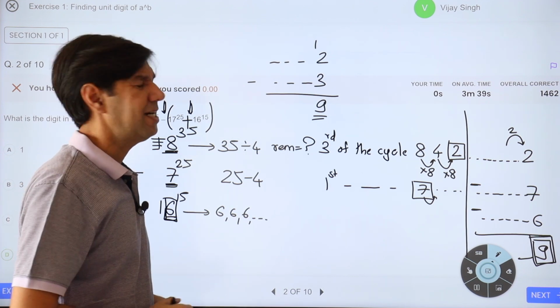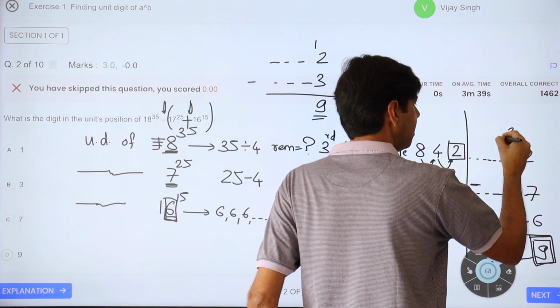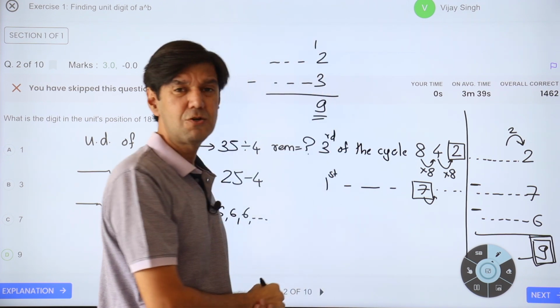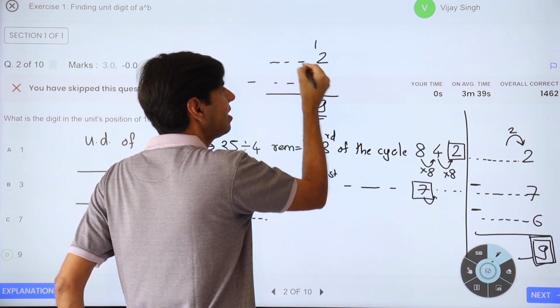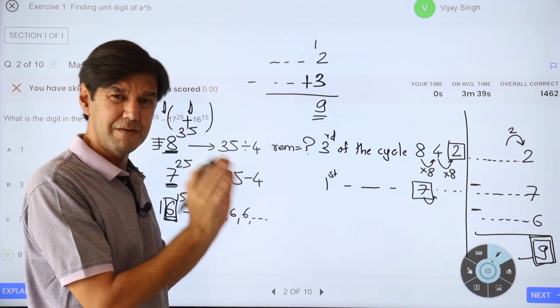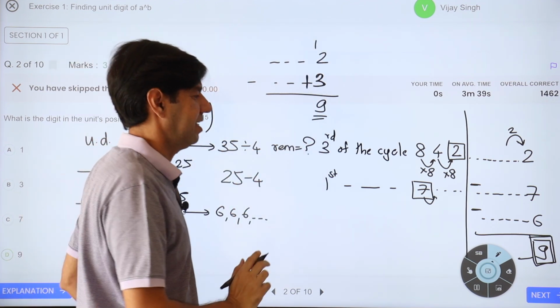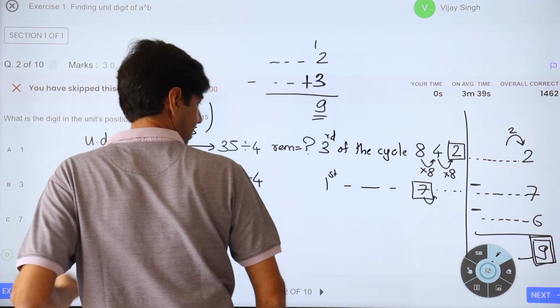Whichever way you do that doesn't matter. So here the carry was 2, here why is it only 1? Because here I'm not subtracting a 13, I'm just subtracting a 3. The rest you don't have to worry about. The unit digit will depend only on the unit digits, that's it. So the answer here is 9.